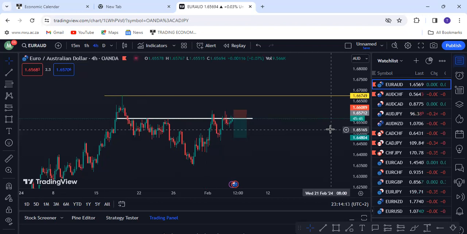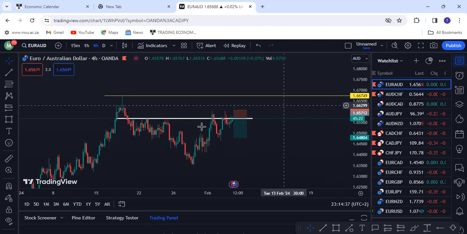We've got Europe cutting first and Australia being one of the last to cut rates. And we know that the effect of rate cuts on a currency is currency depreciation. And then what we have is we are looking for sell trades, selling the euro against the Australian dollar.